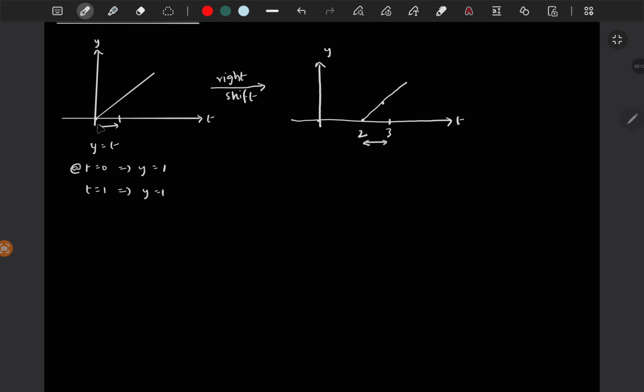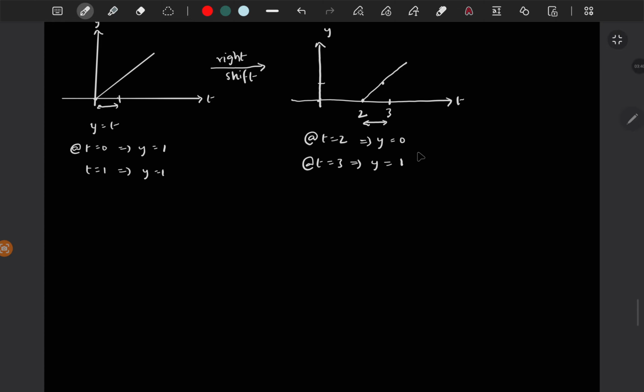From 0 to 1, the magnitude increased by 1 unit. Similarly, from 2 to 3, we have 1 unit difference in time, which is 1 unit change in the y-axis value. So at t is equal to 2, y is 0. At t is equal to 3, y should be 1. So this is what we have to get now.